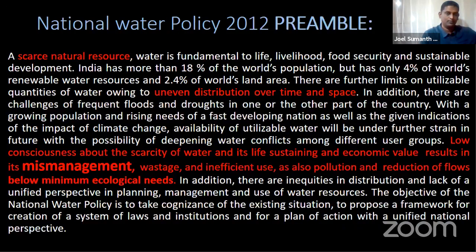humans. In the environment, every species and every ecosystem has equal right on water. Humans are not the only custodians and consumers of water. The trees need water, the animals need water. You need fresh, clean water for fish. You need fresh, clean water for animals.